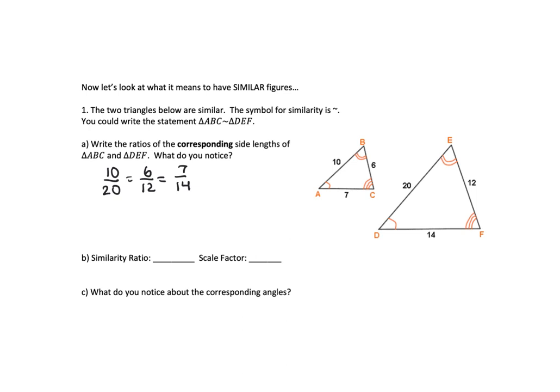And I wrote equal marks between each of these because when I have corresponding figures, I know the ratios of their sides are equal. So in this case, my similarity ratio is 1/2, and my scale factor is 1/2.